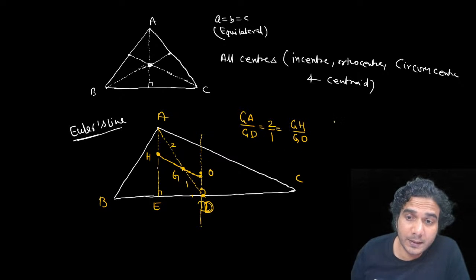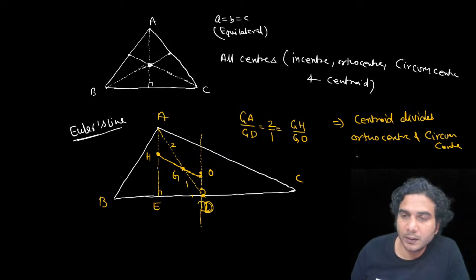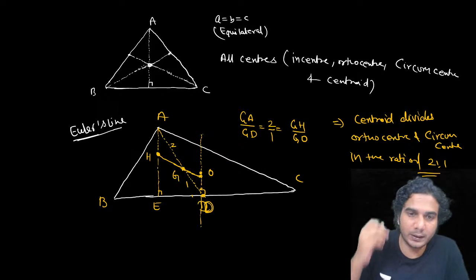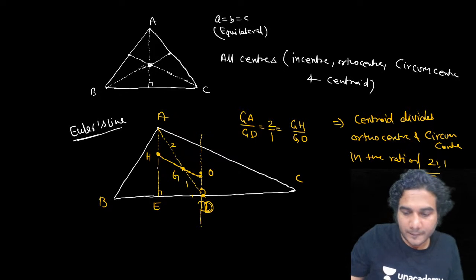That means, and this is the important point, the centroid divides the orthocenter and circumcenter in the ratio 2:1. We'll use this point later. So I hope it is clear now.